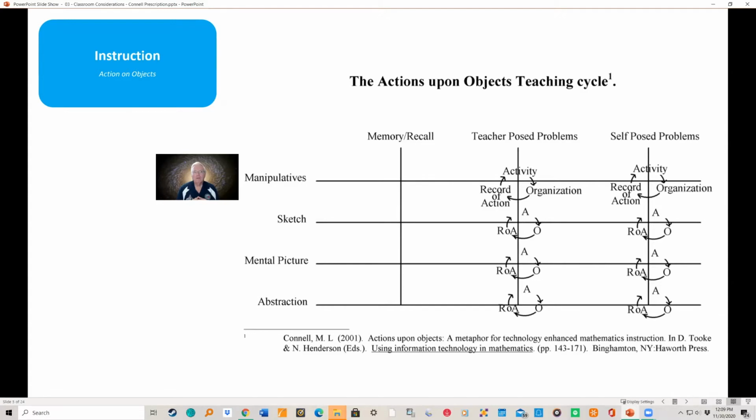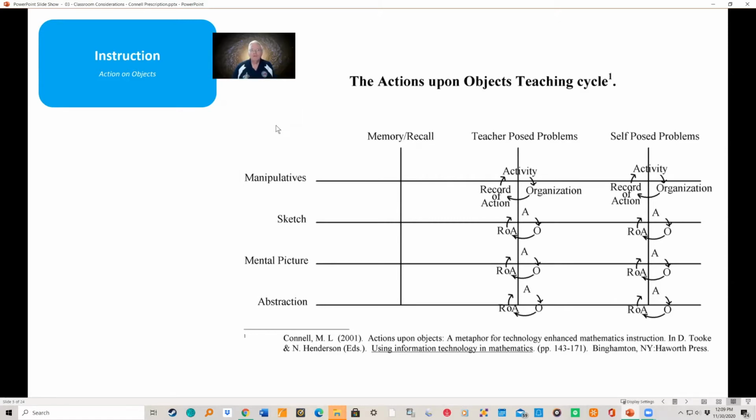Remember numerical fluency, we could use symbols to record our work, but it has to be grounded on something that's personally understandable on the part of the student. If it's not grounded in that level of understanding, what you're doing is you're just substituting one level of memory recall for another. Speaking of which, memory recall.